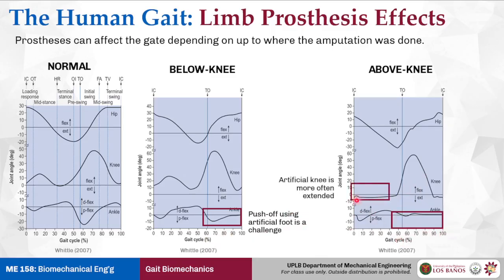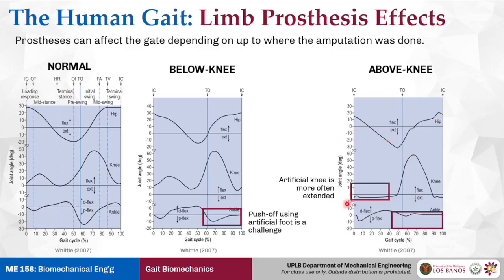And of course you have your knee, where there is some lifelikeness to the swing phase, but during the stance is where a lot of the problem comes in. Most of the time it's extended during the stance phase, and that causes compensation on your hip.